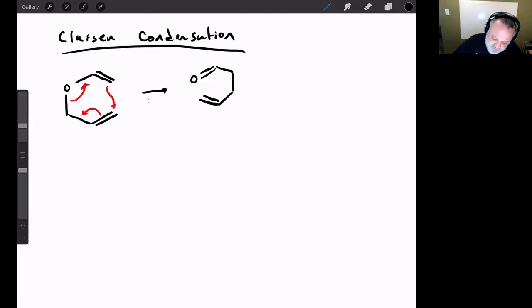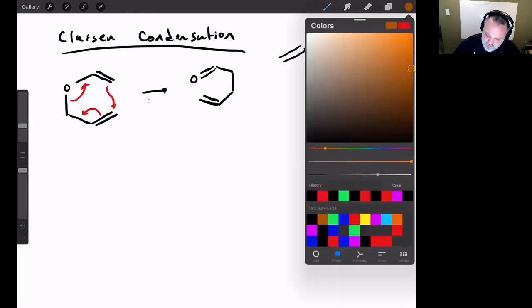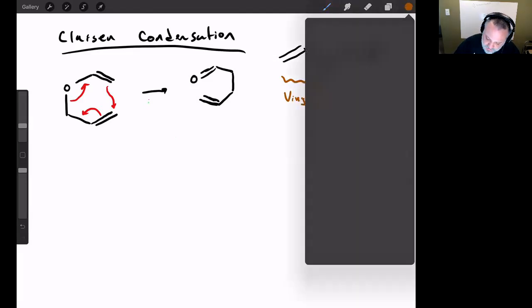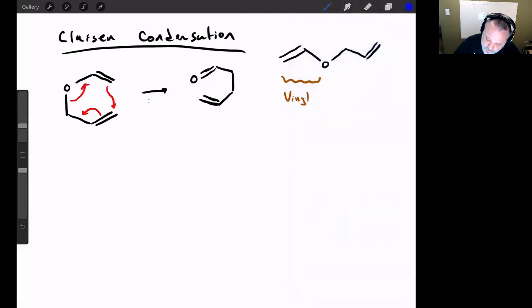Okay, when do we see these reactions? And so how do you identify this? Well, it comes when there is a vinyl and allylic ether at the same time. And so remember, vinyl means directly attached to the double bond, and allylic means one removed from the double bond.